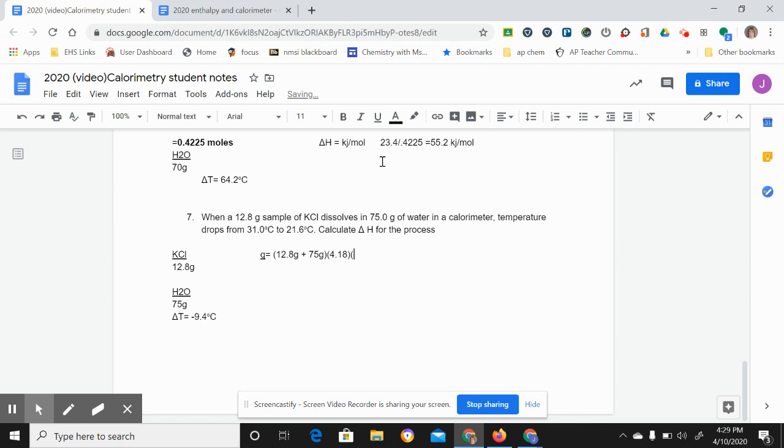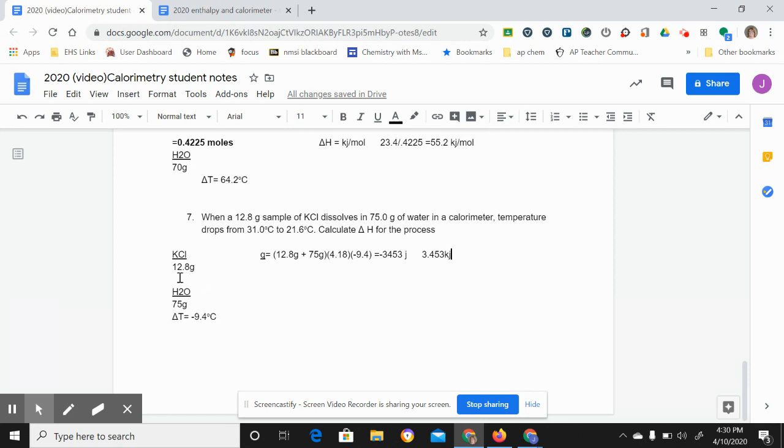And our delta T is negative 9.4. So when you calculate that out, you should get negative 3453 joules. I want to put that in kilojoules, that would be 3.453 kilojoules. You with me on that?